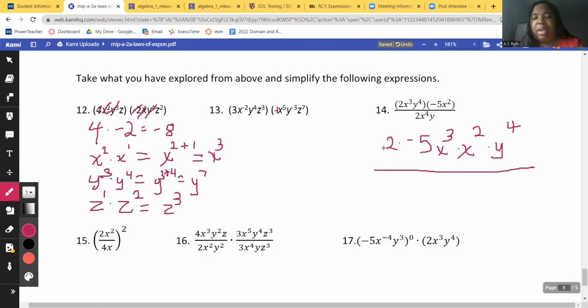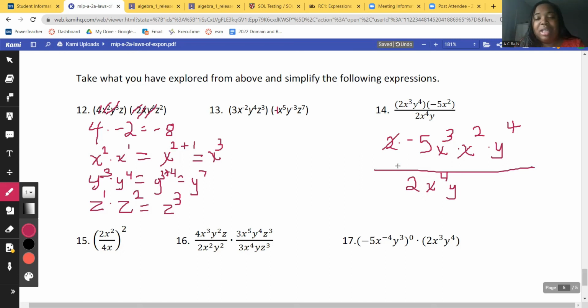So that 2 came from here, that -5 came from here, the x to the 3rd came from here, the x squared came from here, and the y to the 4th came from here. And I'm going to put all of that over 2x to the 4th, y.